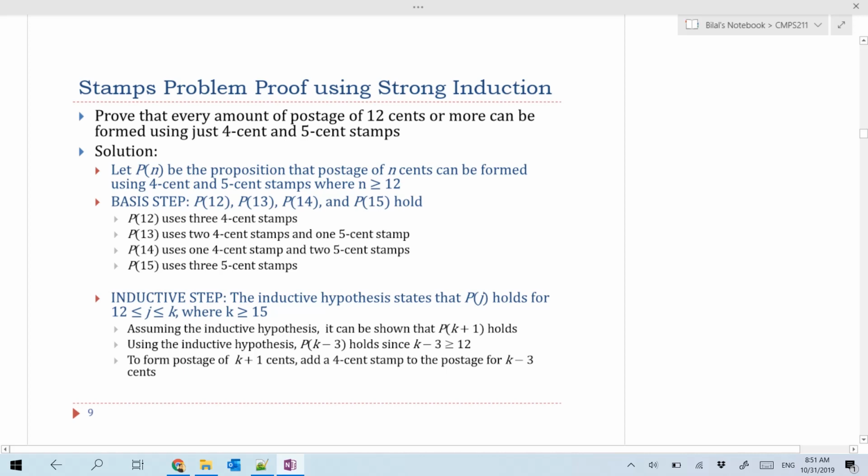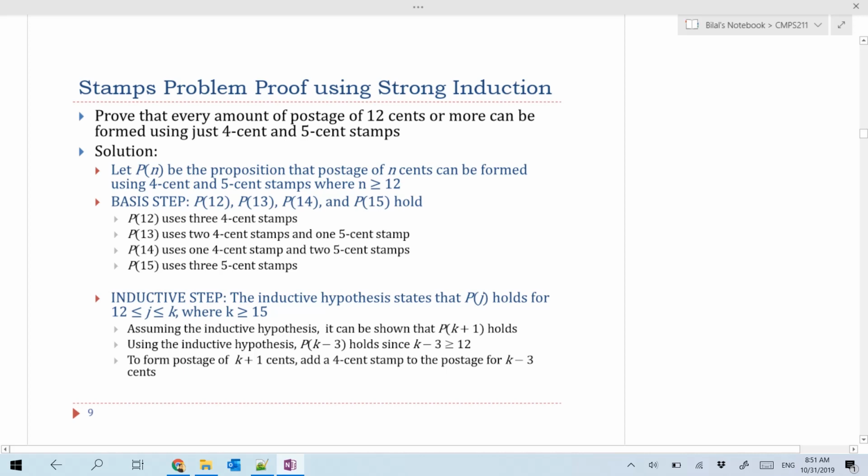Since k minus 3 is greater than or equal to 12. And why? Because we are considering all the ks that are greater than or equal to the highest base case. So we checked for 12, for 13, for 14, for 15. Now we want to make this assumption that from 15 and on, for any k that is greater than or equal to 15, the property holds, including for these 4 cases, of course, okay?